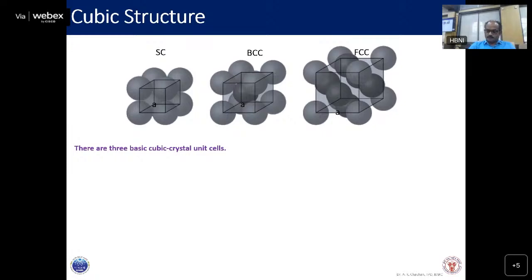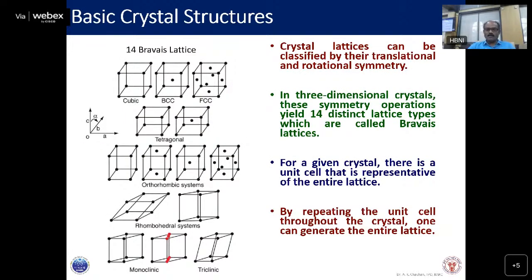For our interest, when we are talking about semiconductor materials, they have specific structures. Silicon is a very common material, and gallium arsenide is also a very common semiconducting material.